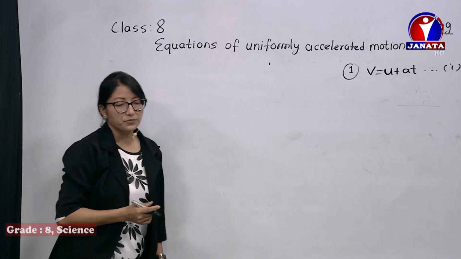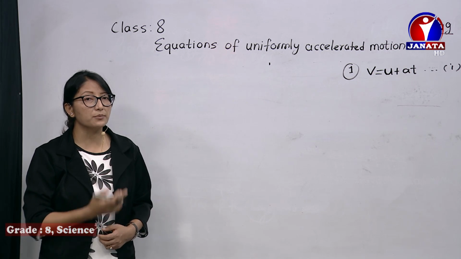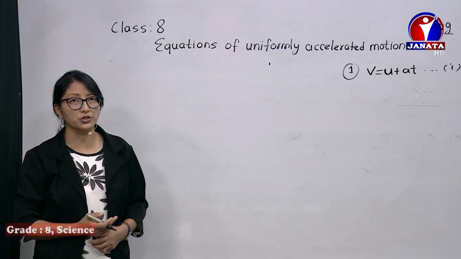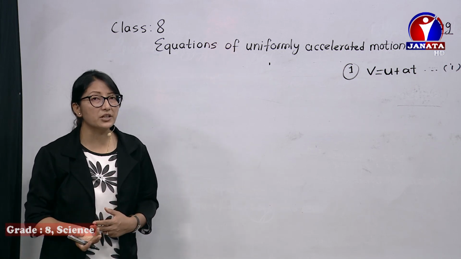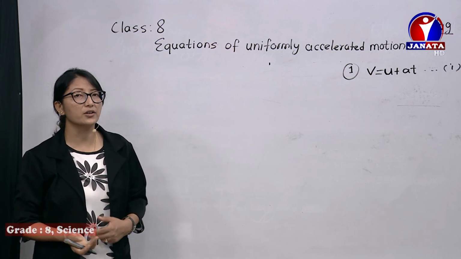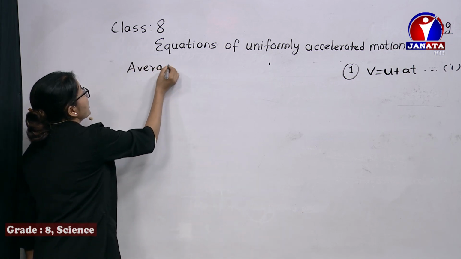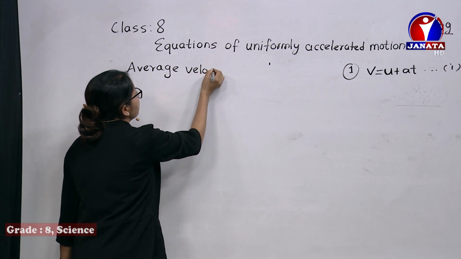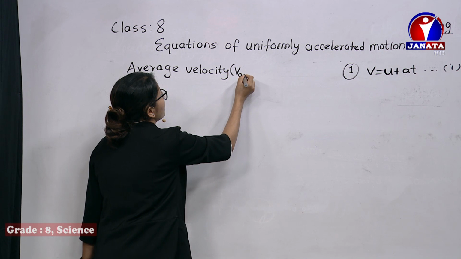To move on to the second one, we all know average velocity. In the previous class we studied average velocity also. Average velocity is the arithmetic mean of initial velocity and final velocity. So we denote average velocity by VAV.